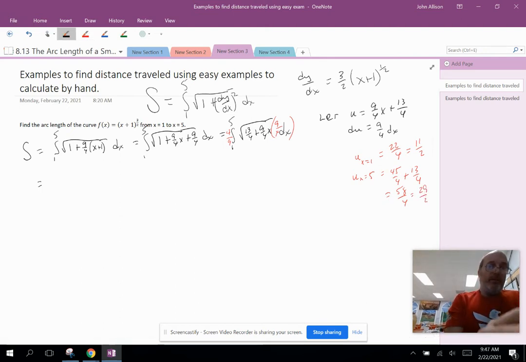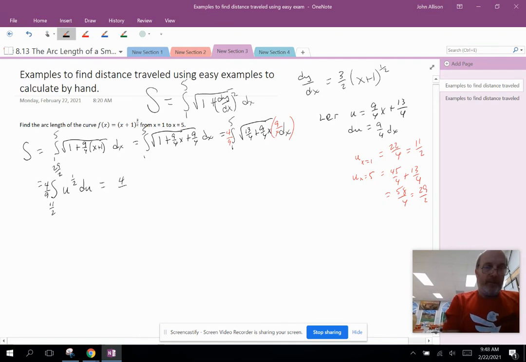So when we change the variable to u, we're going to integrate from our lower limit, 11 halves, to our upper limit, 29 halves. And now we're going to have 4/9 times u to the 1 half du.